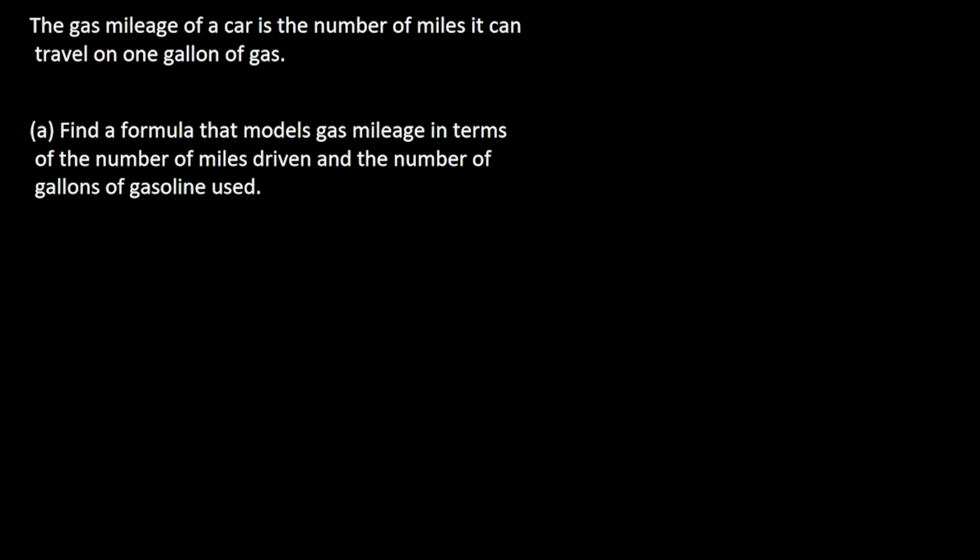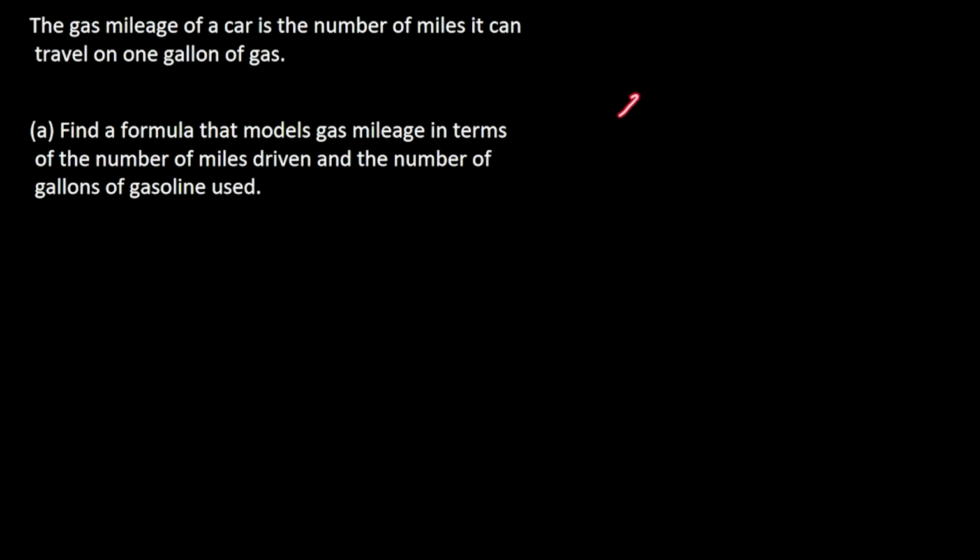Let's see an example. The gas mileage of a car is the number of miles it can travel in 1 gallon of gas. So the gas mileage will equal the number of miles over the gallons.